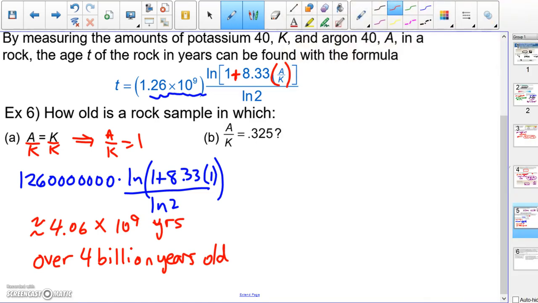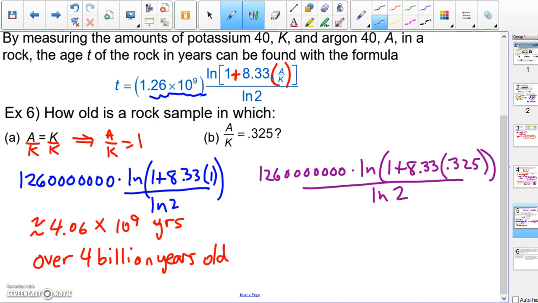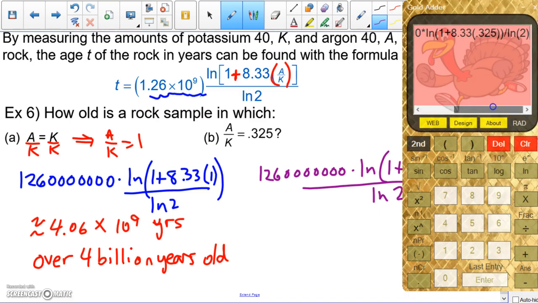Part B, same question. How old is a rock sample in which A over K equals 0.325? So it's the same formula, just fill it in. Here it is, and you'll notice really the only difference is instead of a 1 in this position, I put that 0.325 because that's A over K. And here it is typed in the calculator.